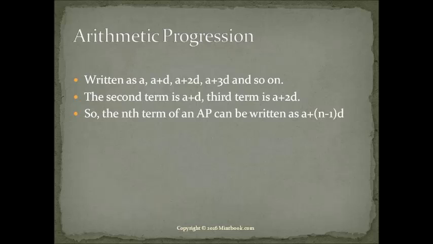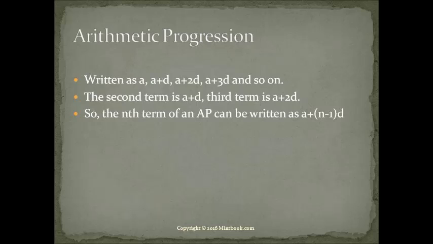You can observe here that the second term of the AP is a plus d, the third term of the AP is a plus 2d. So we can write down the general term of an AP, the nth term, as a plus n minus 1 into d. The nth term of an AP is denoted by the symbol an or tn.